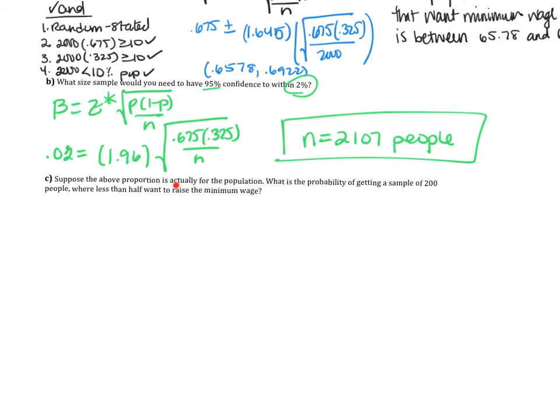Last question. Suppose the above proportion is actually for the population. What is the probability of getting a sample of 200 people where less than half want to raise the minimum wage? Really, this is just a distractor question.